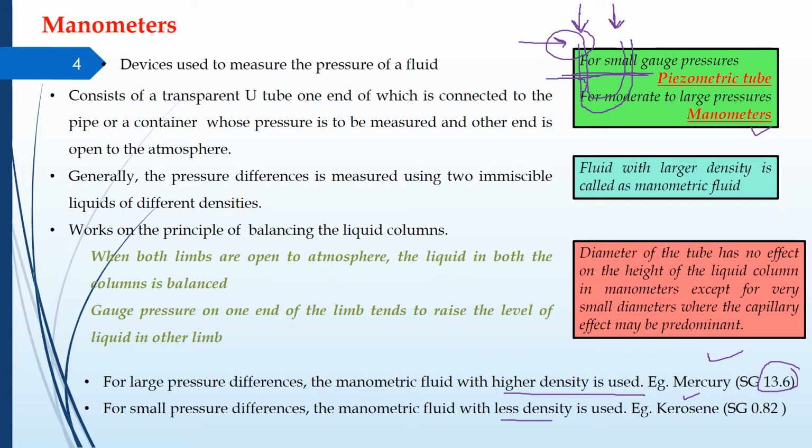So when the diameter of the tube is very small, the capillary effect comes into play and causes an error in the pressure measurement. But if the diameters are substantially large, it will have no effect on the measurement of the pressure. So what a manometer is, and how we will analyze those manometers, we will be discussing next.